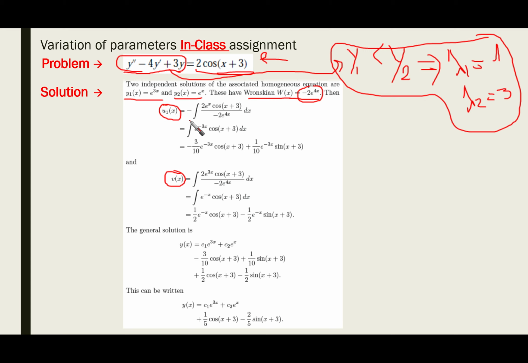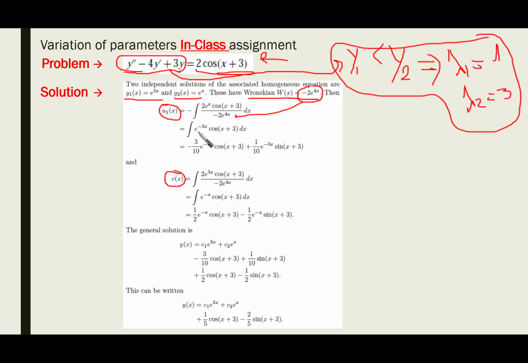So u1 is going to be the minus integration of 2 e to x times cosine x plus 3 over minus 2 e to 4x dx. And then we're going to integrate, because as we said, this is y1 times f of x over the Wronskian, which we have already obtained here.